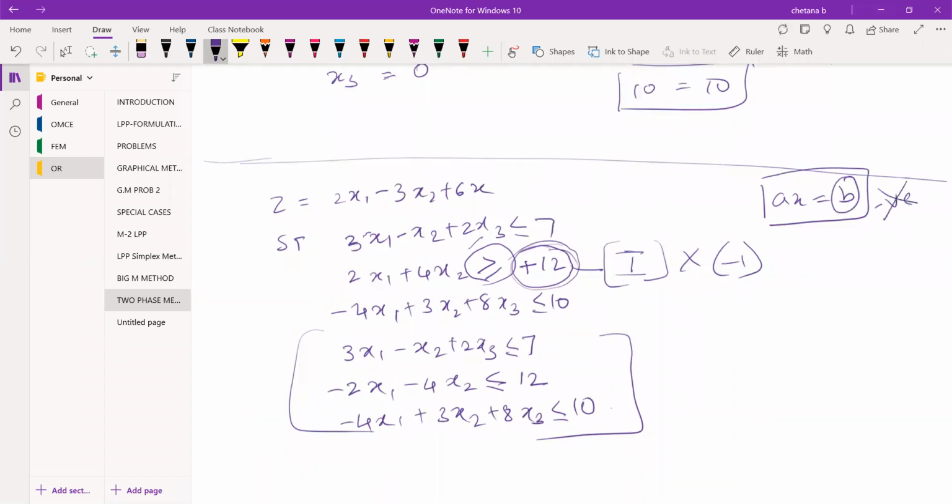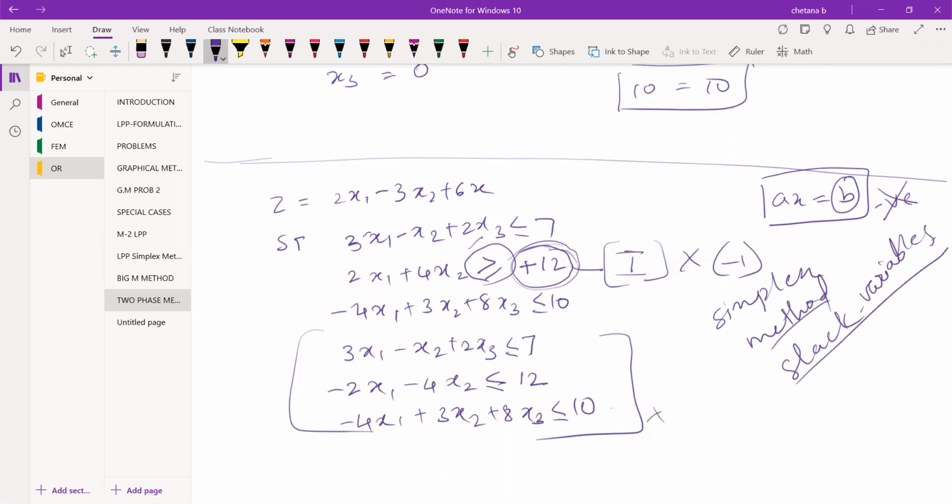That should always be positive. And in the simplex method, we always use only the slack variables. This you need to keep in mind.